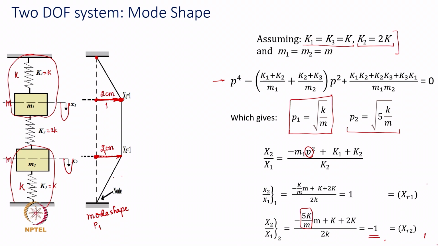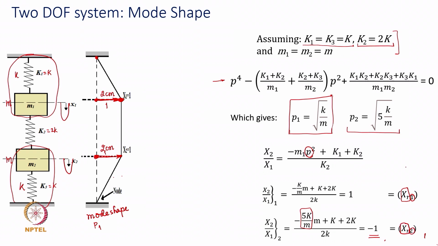I shall be referring to these mode shape ratios, or these amplitude ratios, as XR1 to represent the ratio of the amplitudes in the first mode shape, and the amplitude ratio XR2 in the second mode shape.